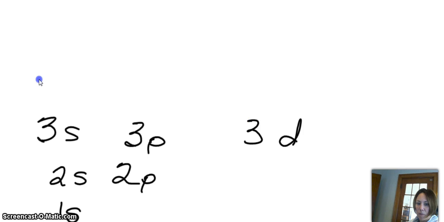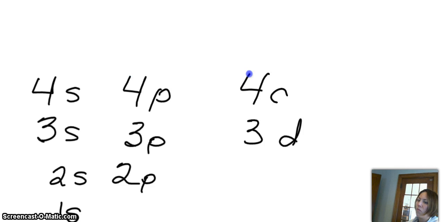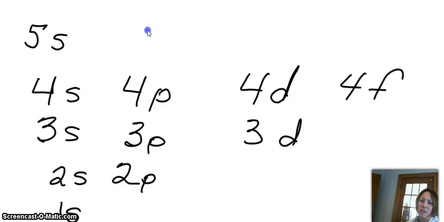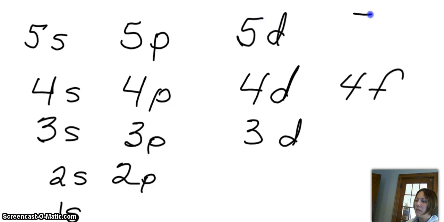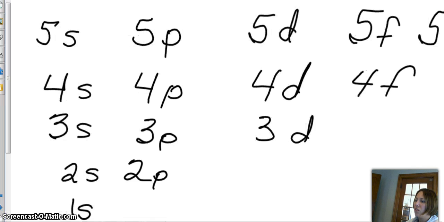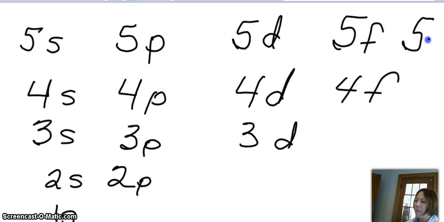And then up here we have 4s, 4p, 4d, 4f, etc. And then 5s. S's go over s's, p's go over p's, d's go over d's, f's go over f's, and g's go over g's.